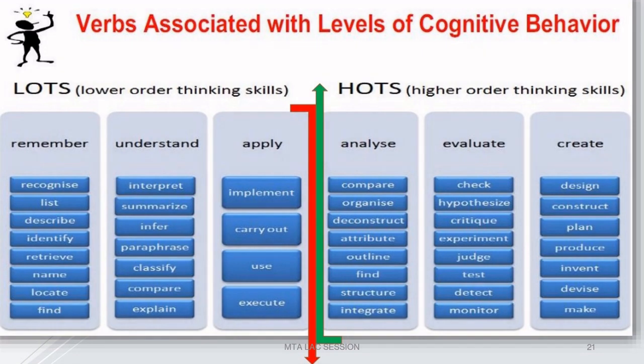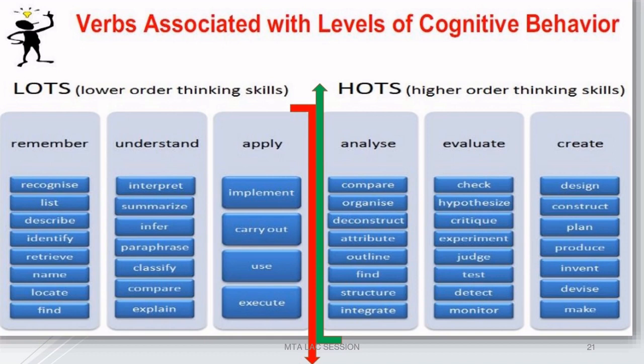Again, the lower order thinking skills are the remember, understand, and apply levels. And for the HOTS, we do have analyze, evaluate, and create levels. So lower order questions ask students to recall and comprehend material that was previously read or taught by the teacher.